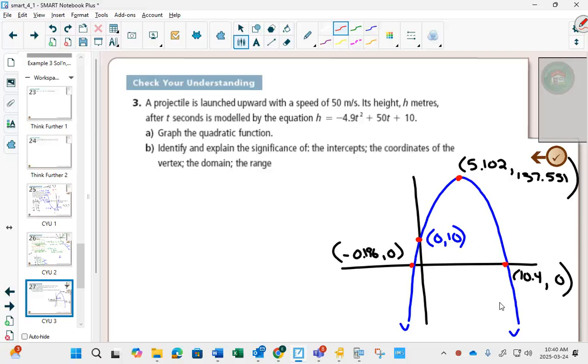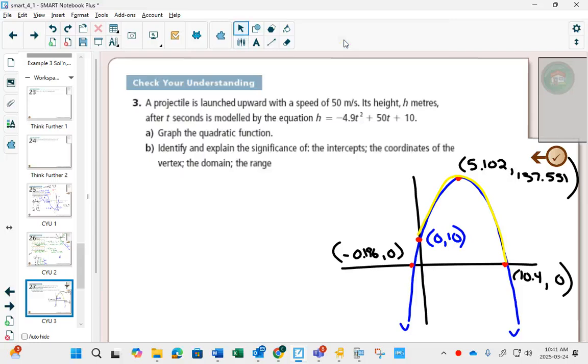The projectile stayed in the air for 10.4 seconds. And then it hit the ground. In this question, does it make sense that this is the only realistic part of the graph? You can't have negative time.